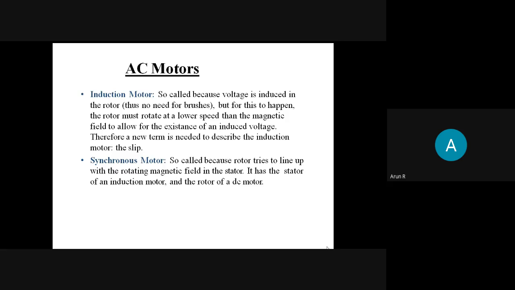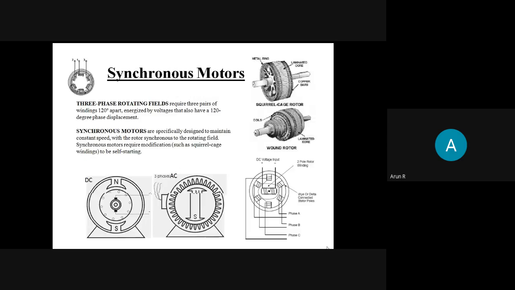Synchronous motor is so called because the rotor tries to line up with the rotating magnetic field in the stator. It has the stator of an induction motor and the rotor of a DC motor. In a synchronous motor, the three-phase rotating field requires three pairs of windings 120 degrees apart, energized by voltages that also have a 120-degree phase displacement.